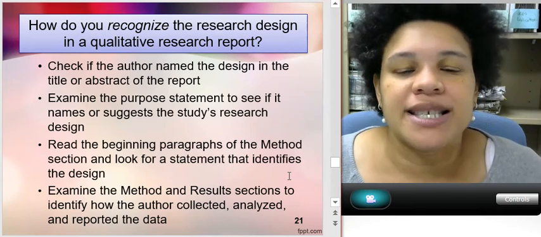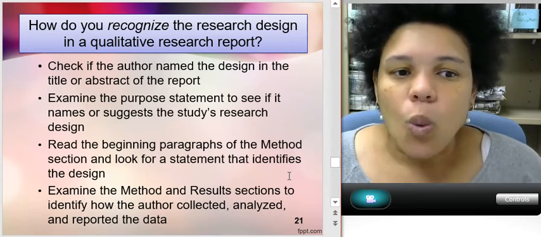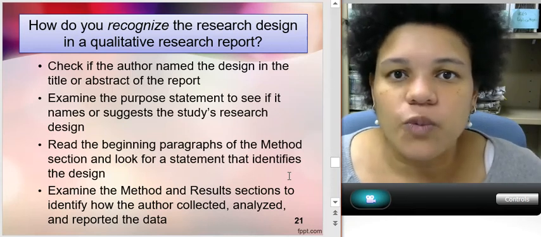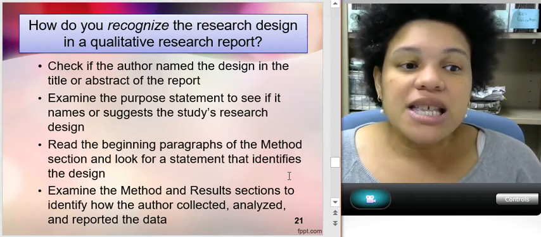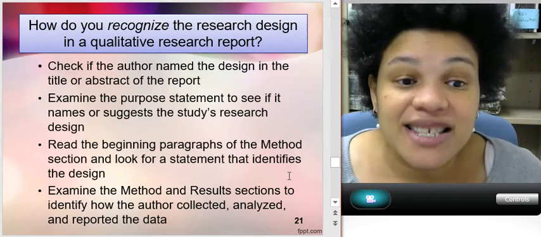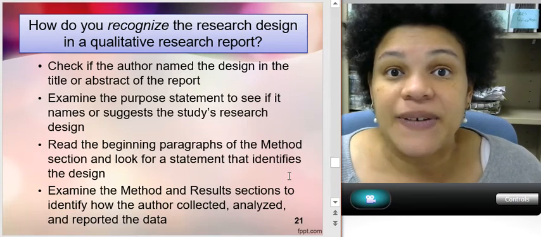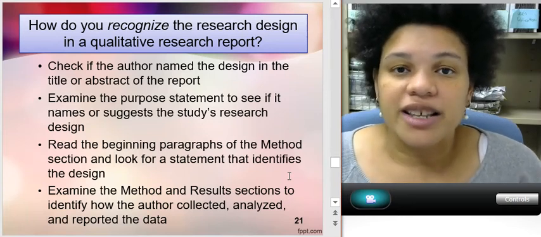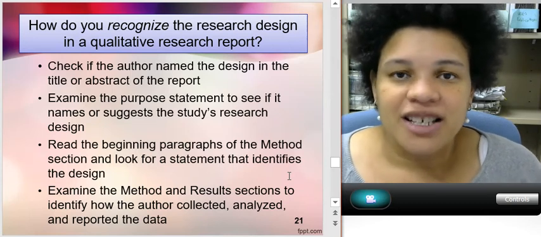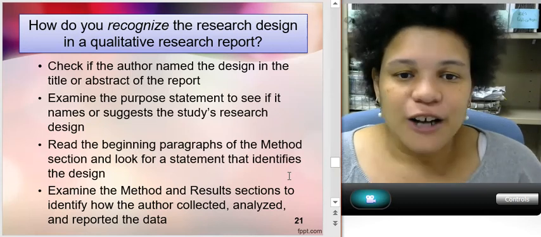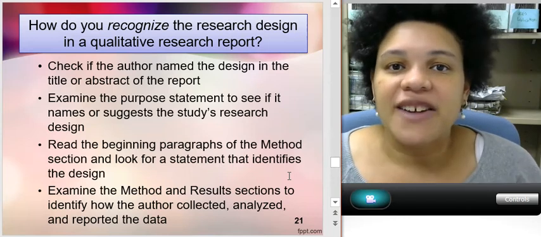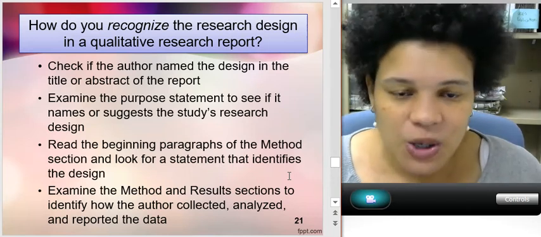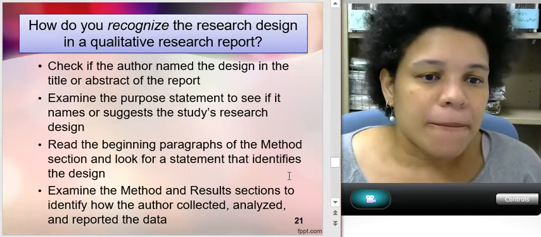Maybe the purpose statement suggests what the research design is. Maybe the beginning paragraphs of the methods section identify the design. I am taking a phenomenological approach. This is an ethnographic study of, that kind of thing. This is a life history of, and so on.